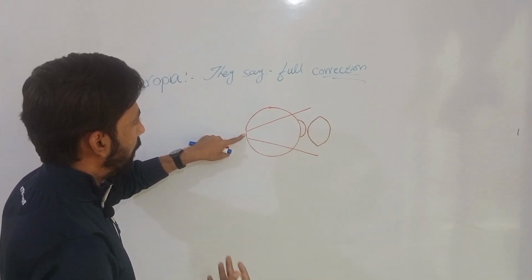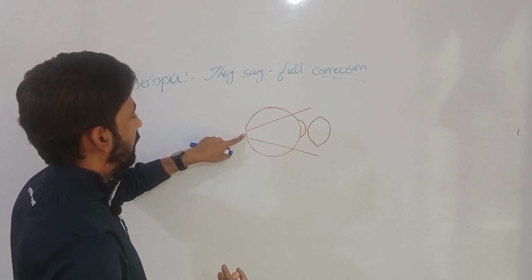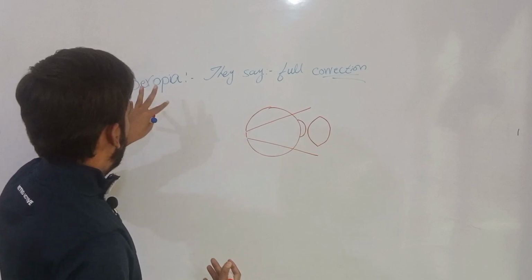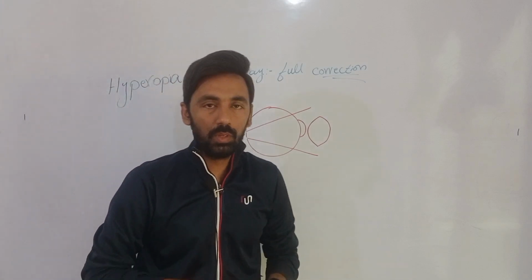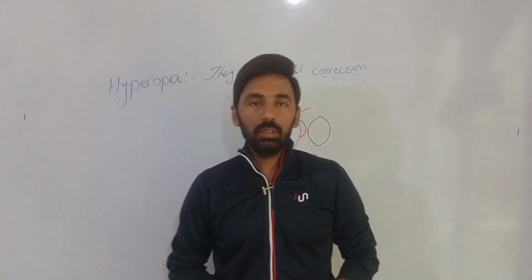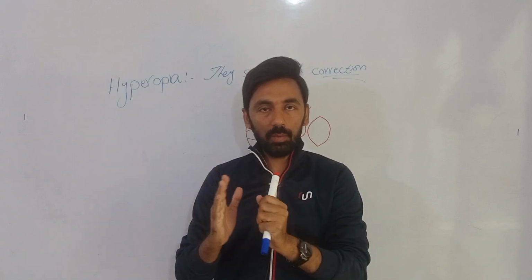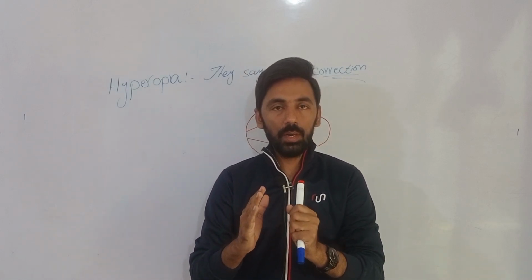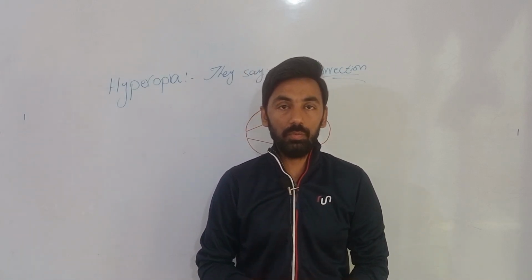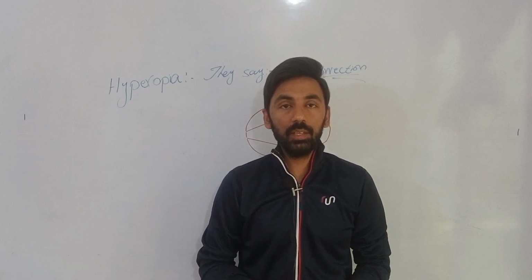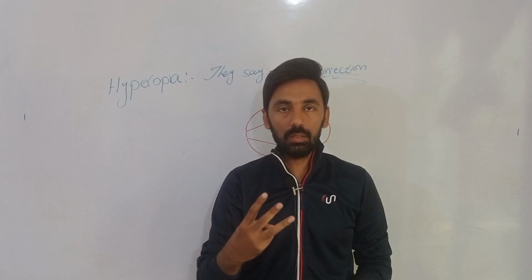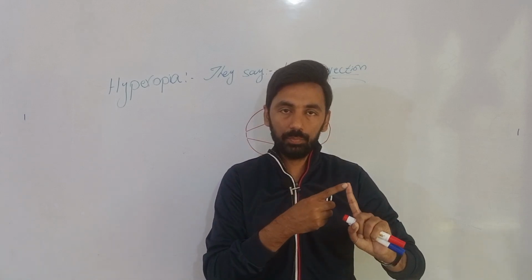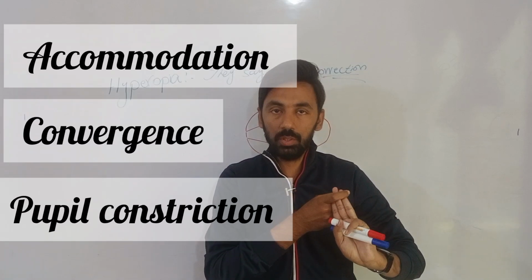The logic behind prescribing the full correction is that in hyperopia, the patient is accommodating, and when the patient is accommodating, you know very well about the AC/A ratio, and the synkinetic near reflex. And what is the synkinetic near reflex? Three different phenomena occur simultaneously: accommodation, convergence, and pupil constriction, right?